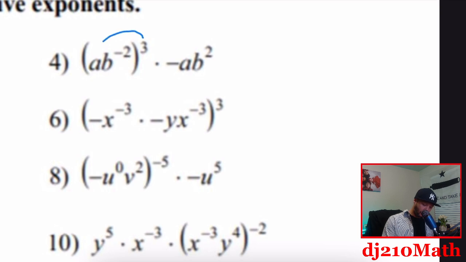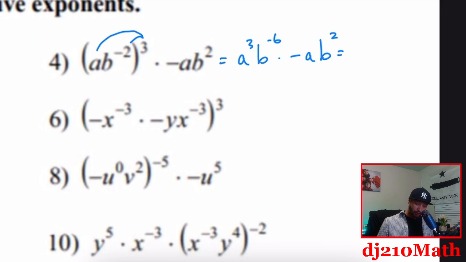The 3 is going to apply to the a, apply to the b. So this is a cubed, b negative 2 times 3 is negative 6, times negative a b squared. Okay, the negative is going to go to the front like normal. Common bases, a cubed and a.